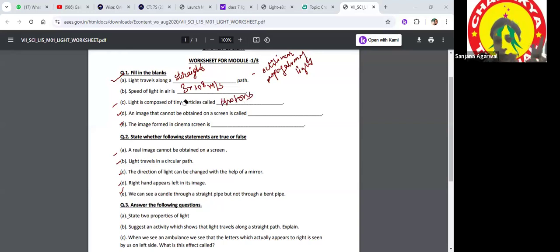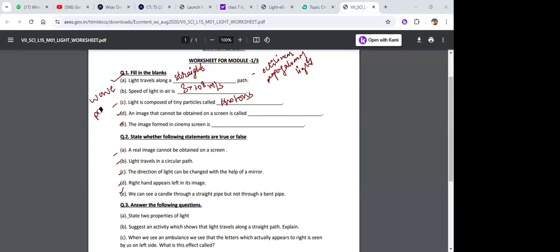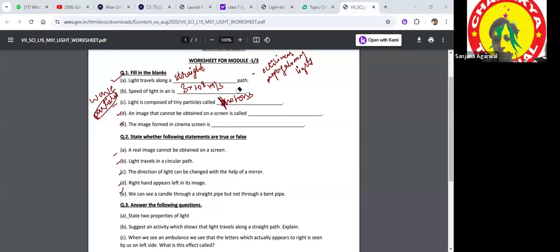Light has dual nature. Light travels in the form of wave as well as in the form of particles. When it travels in the form of particles, we say the packets of energy, meaning packets.